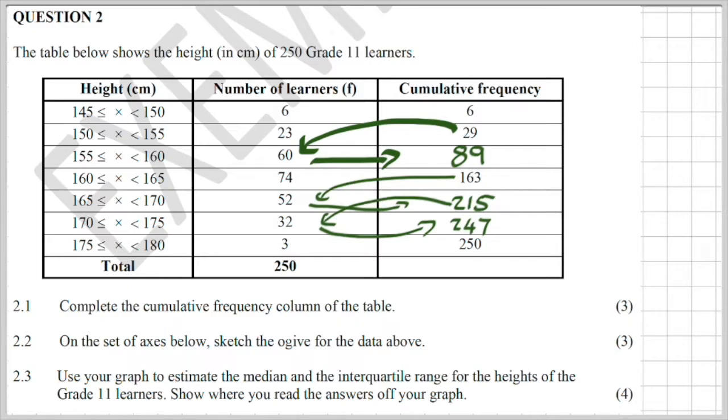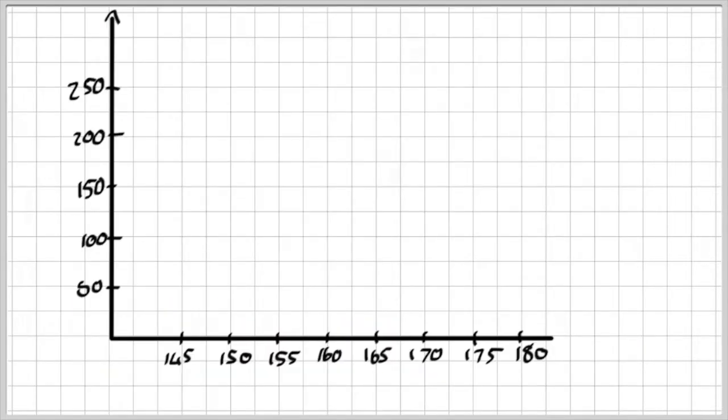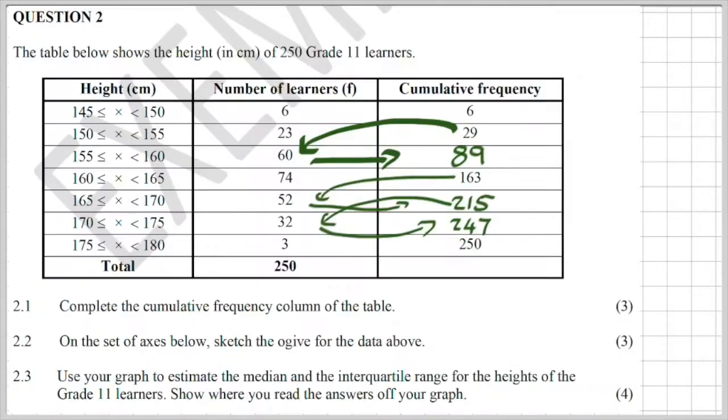Let's look at, on the set of axes below, please draw the cumulative frequency graph or the ogive. First of all, the graph needs a starting point. So I always choose the 145. Where do I get that from? Well, that is my lowest value, 145.